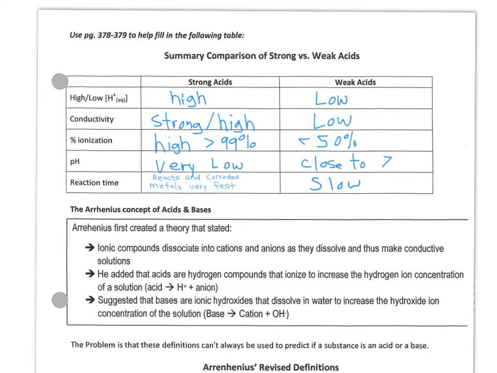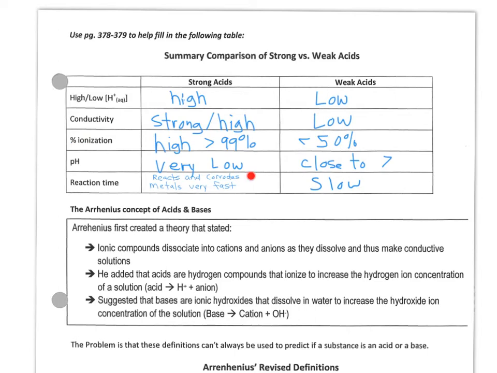So if we do a little summary to compare our strong and weak acids, it's right here. They differ in their hydrogen ion concentration, their conductivity, and their percent ionization. They also differ in pH. Strong acids have a very low pH and weak acids have a pH close to 7. We're going to discuss this reason in a different lesson. They also have a different reaction time.